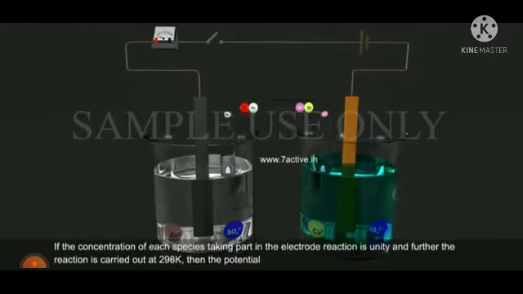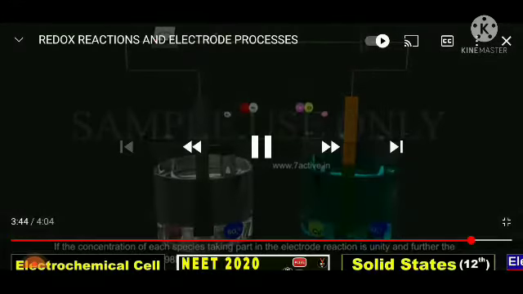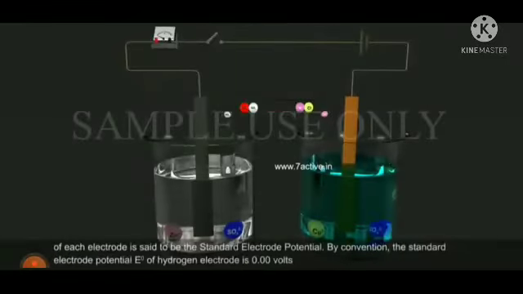If the concentration of each species taking part in the electrode reaction is unity, and the reaction is carried out at 298 Kelvin, then the potential of each electrode is said to be the standard electrode potential. By convention, the standard electrode potential E0 of the hydrogen electrode is 0.00 volts.